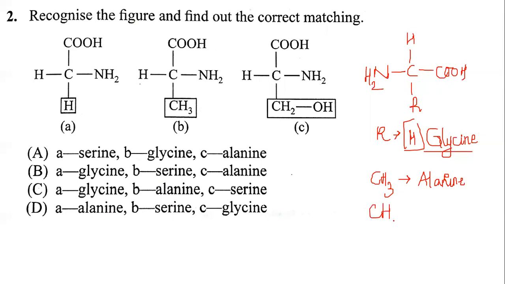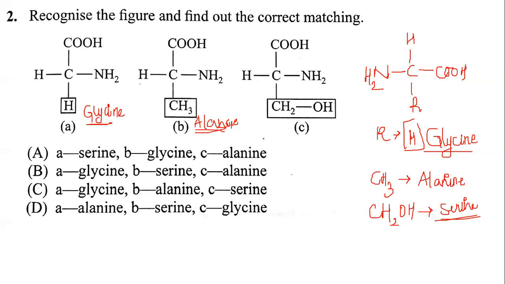And with hydroxyl, you will call it serine. So what are the respective options given? A, hydrogen: the amino acid shown over here is glycine. Second, CH3: the second amino acid shown over there is alanine.